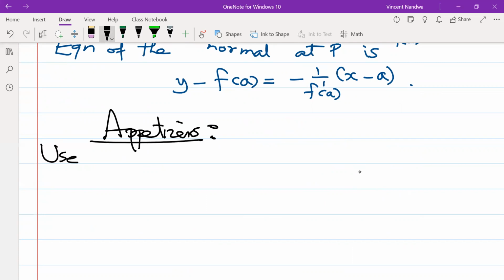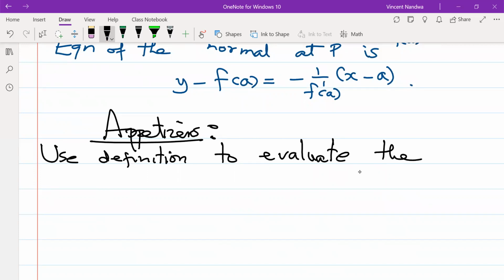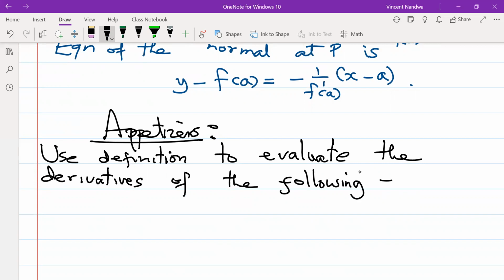Use definition to find the derivatives of the following. A, the function is f of x equals 2x plus 7.